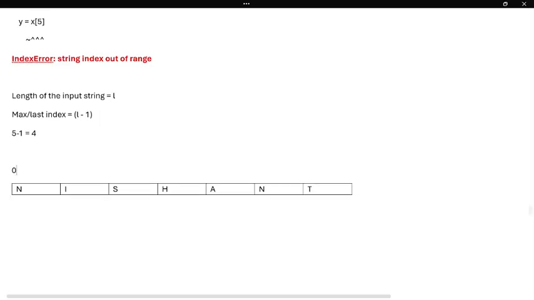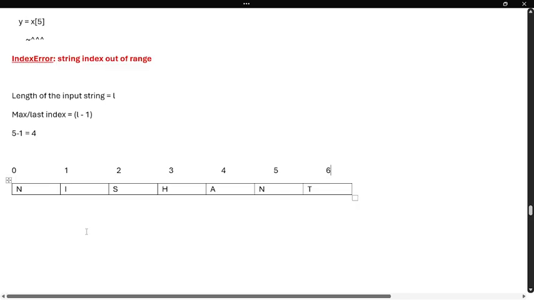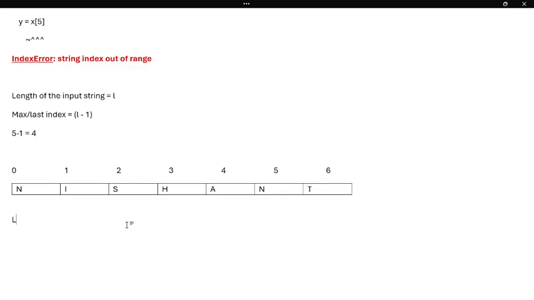So, sir, this is zero, this is one, this is two, this is three, this is four, this is 5, this is 6. Length equals 7. So max index will be 7 minus 1, nothing but 6 will be the max index.